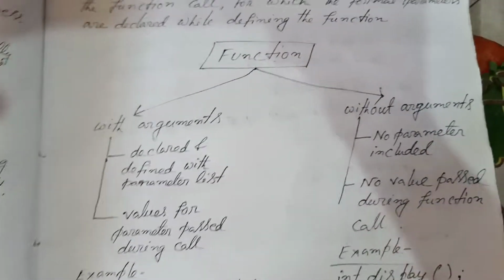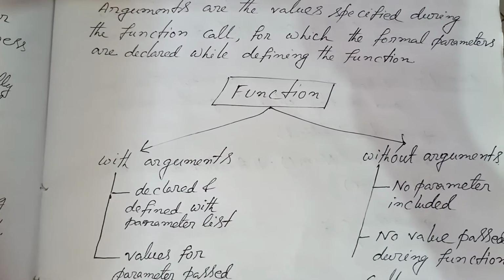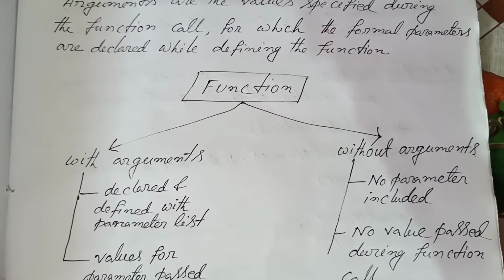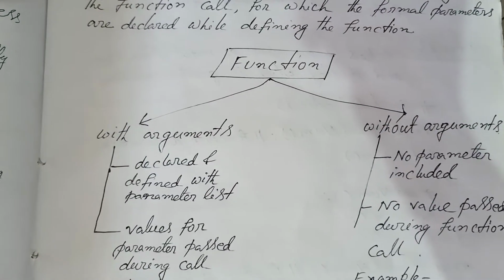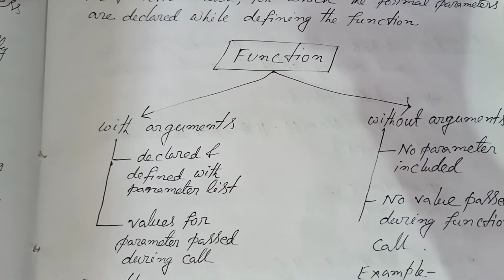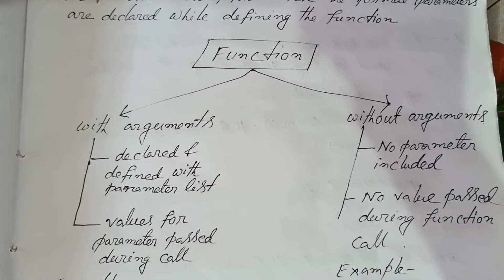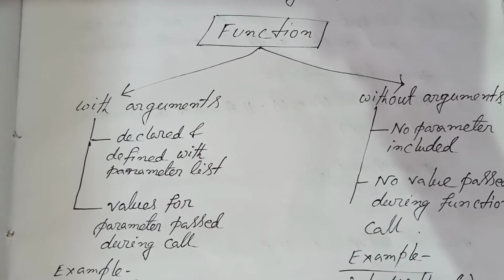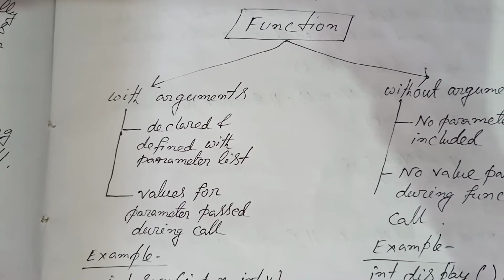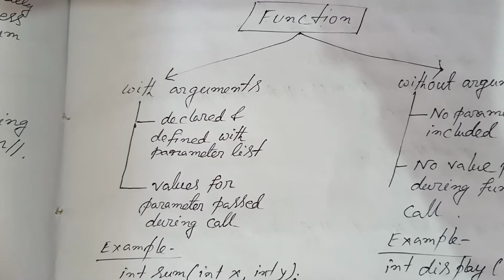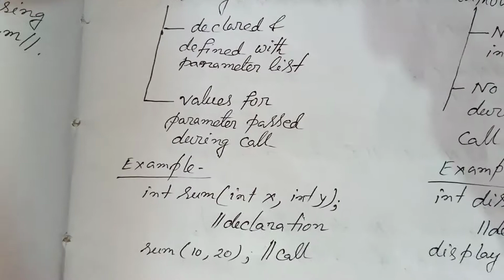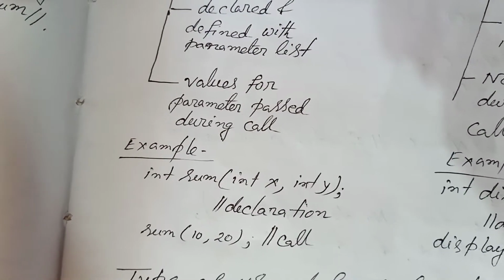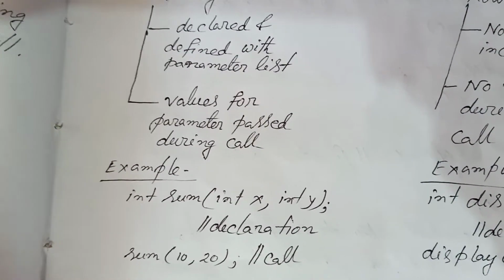A user-defined function can be divided into two parts, either with arguments or without arguments. In with arguments, the function is declared and defined with a parameter list, and the values for the parameters are passed during the call.